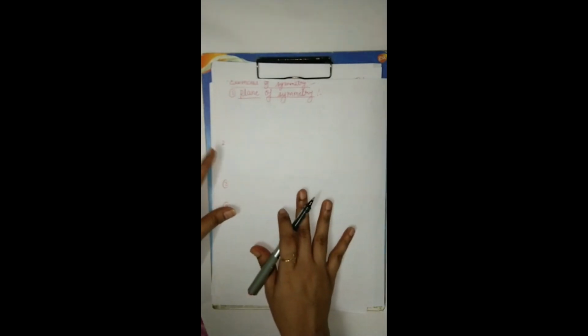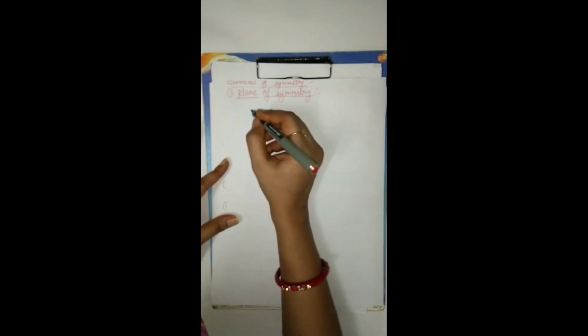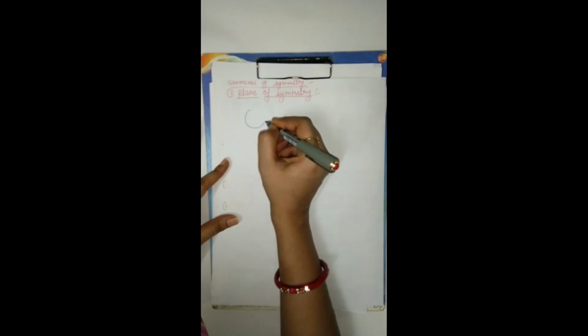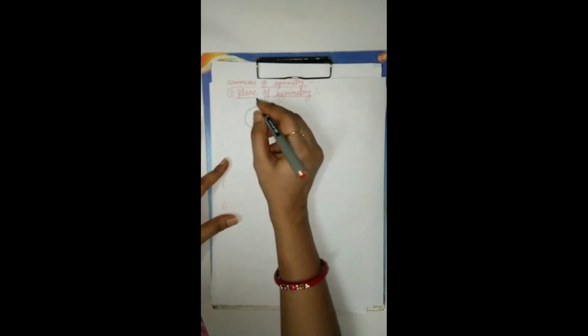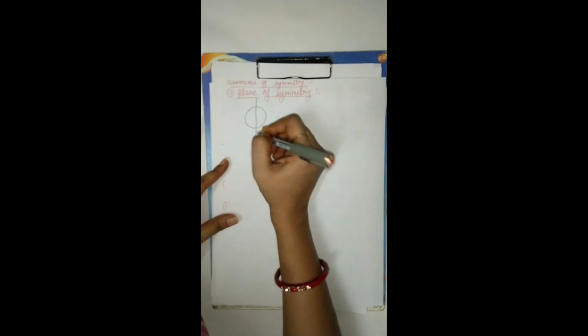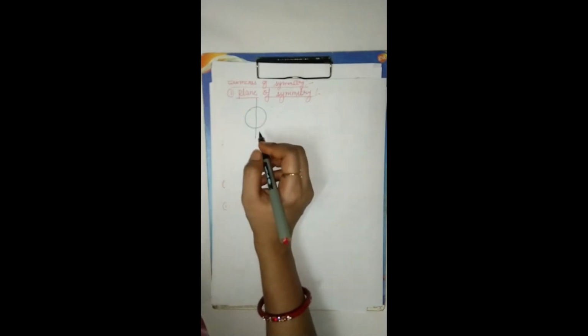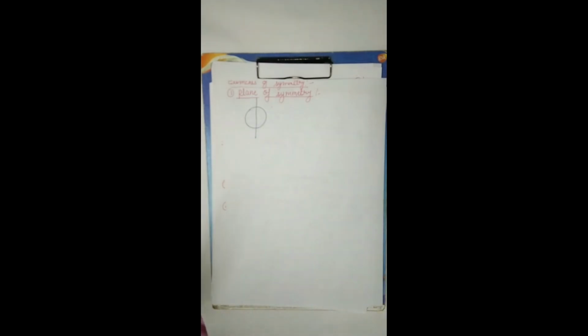What is a plane of symmetry? Let's take a simple example like a circle, which has a plane of symmetry. Two equal halves. That's why this compound is optically inactive.